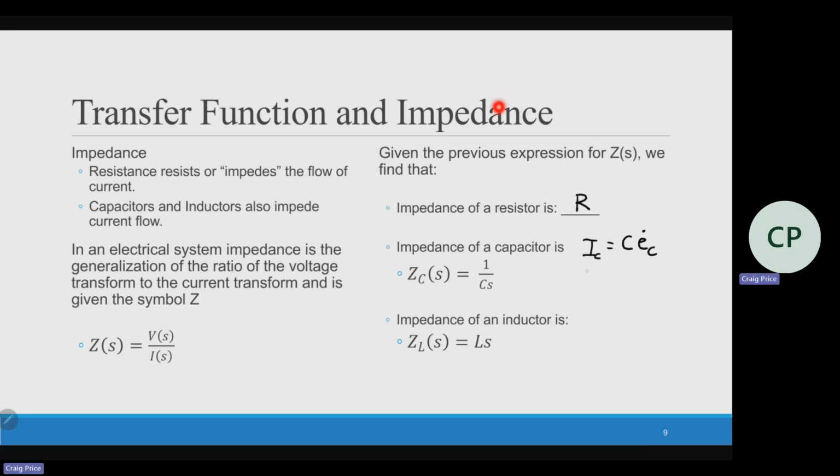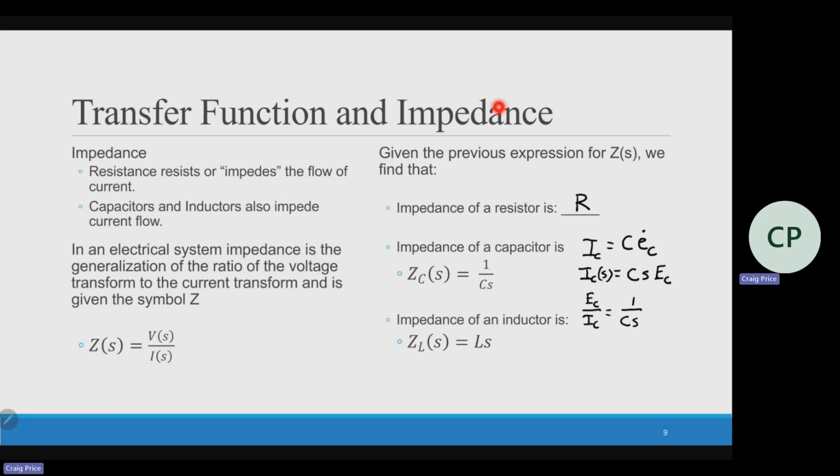If I put this in the S domain, dot becomes S. So if I change my dots to S's, it gives me this. And then if I want to find the impedance, impedance is voltage over current. So voltage over current equals 1 over CS.